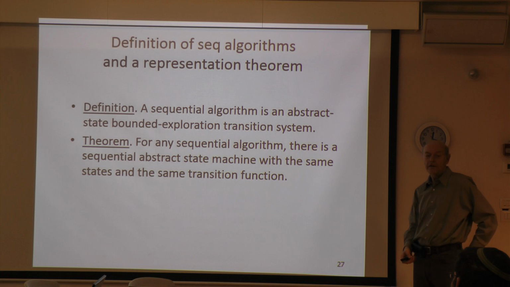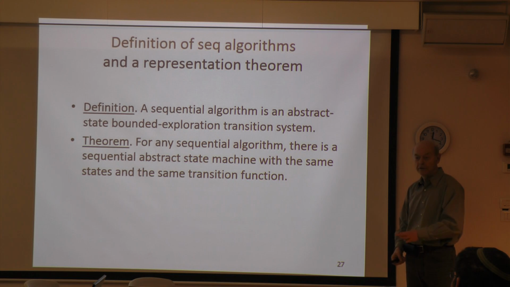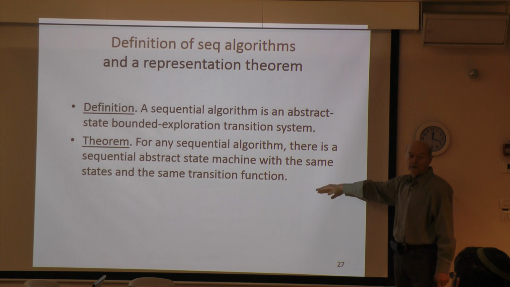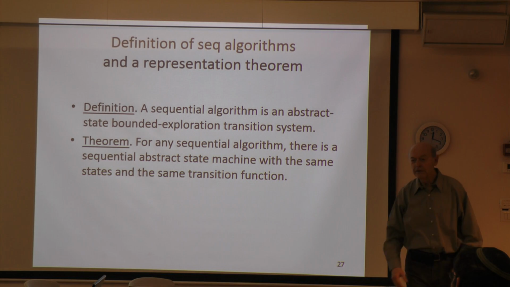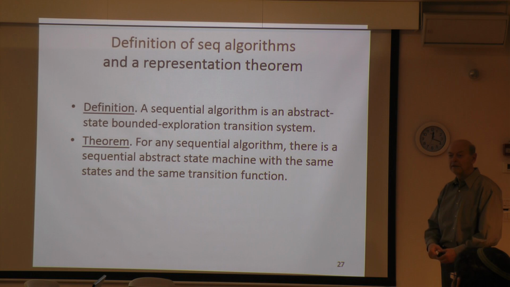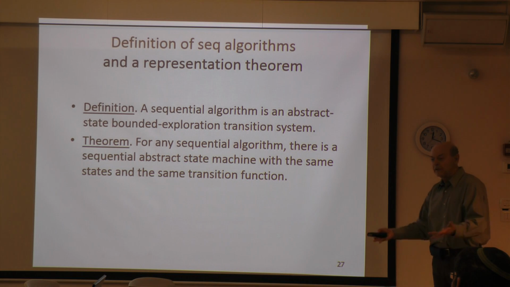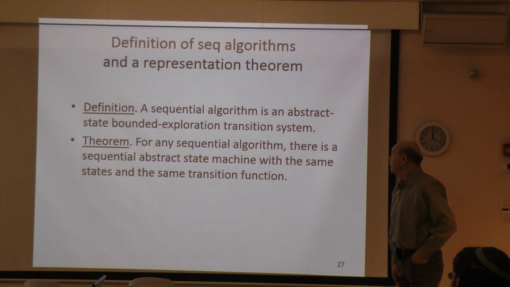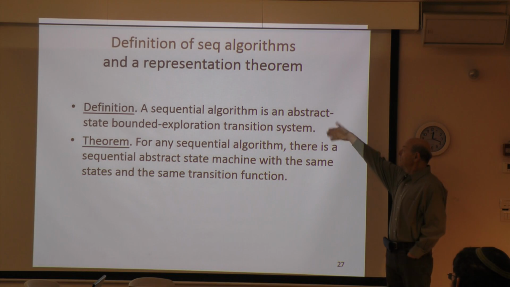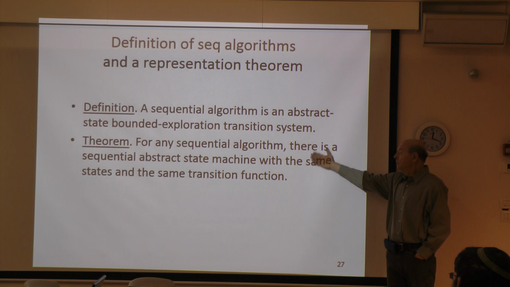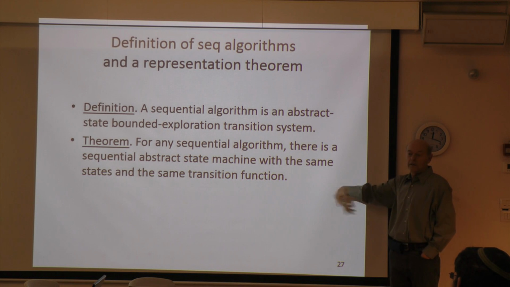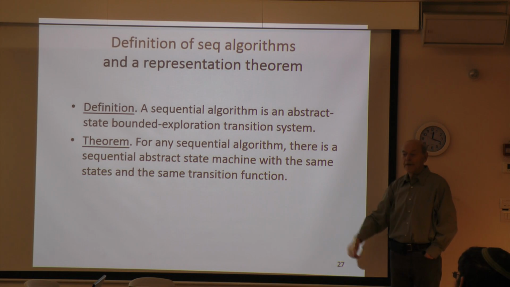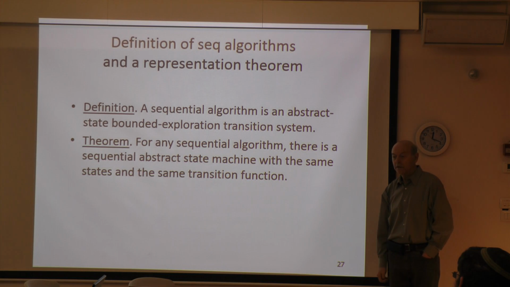The second question I can answer: more axioms are not needed. Why? Because there is this theorem. Sequential abstract state machines, which I didn't define here, are obviously something real and programmable. If you take any algorithm, it can be simulated state by state by an appropriate abstract state machine.